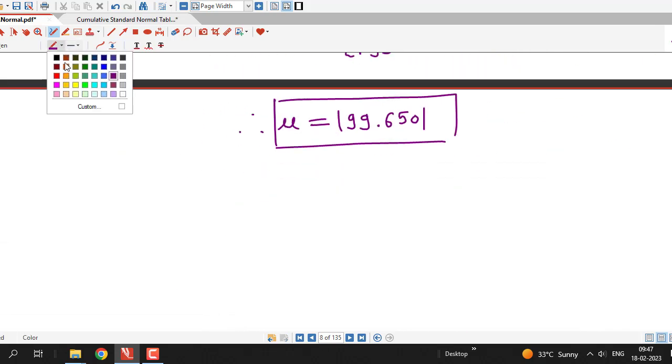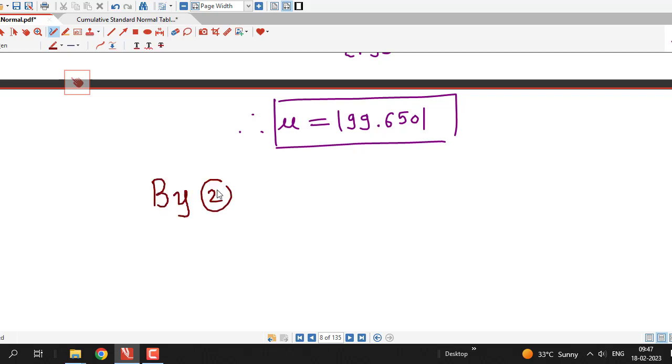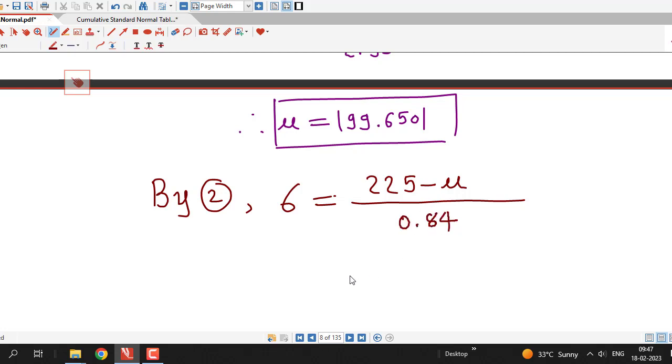So now we try to find out sigma. We can write that by equation number 2, standard deviation equal to 225 minus mean divided by 0.84.